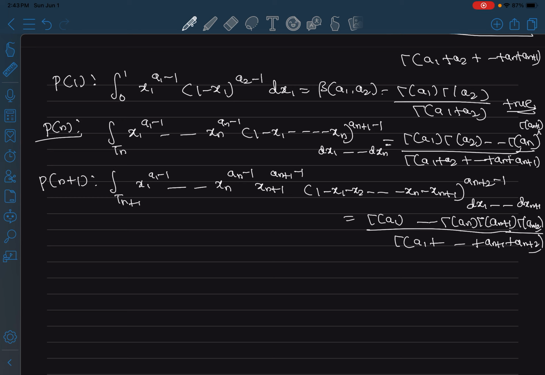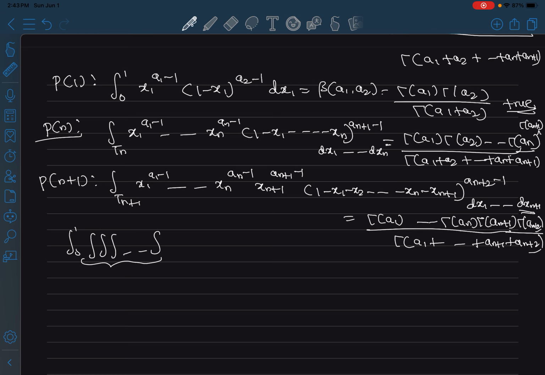So how do you prove this one? First of all, we know that this can also be written with the (n+1)th coordinate, this last coordinate, going from 0 to 1, and the rest of them whatever they need to be.